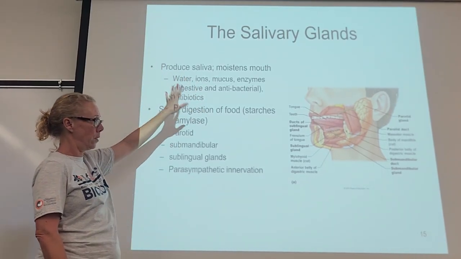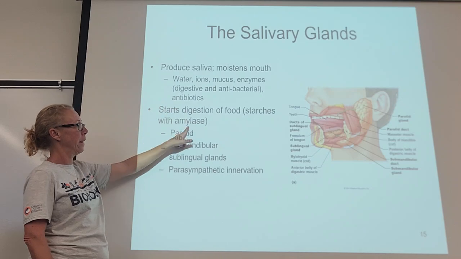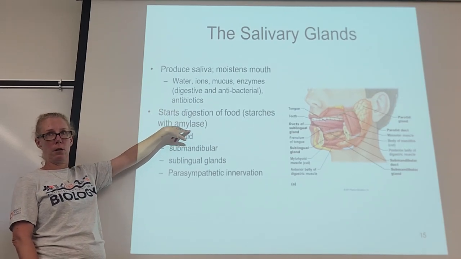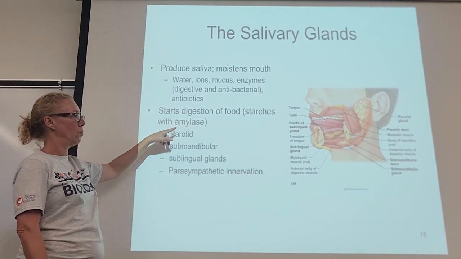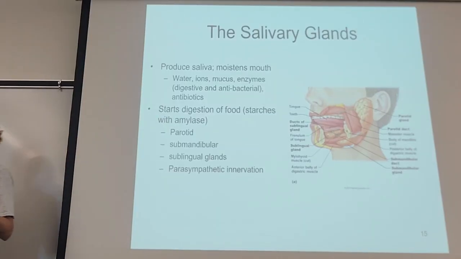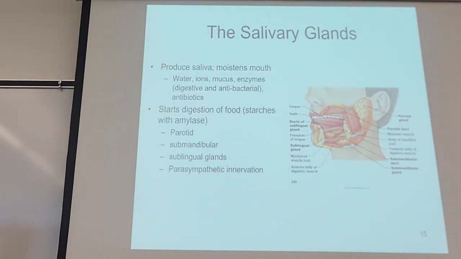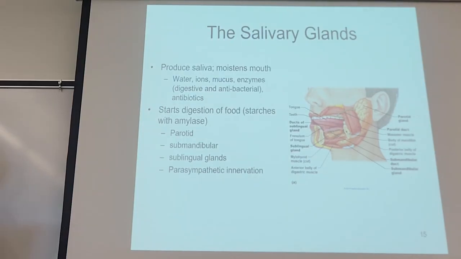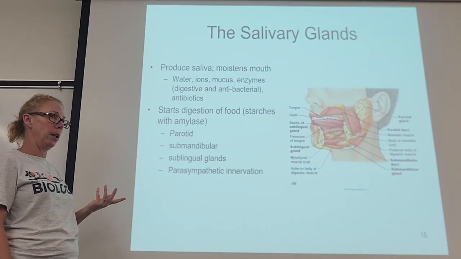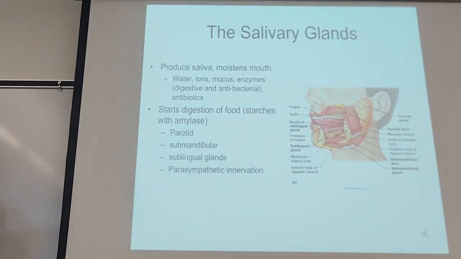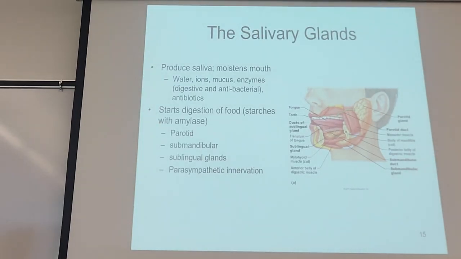It has a specific digestive enzyme that's called amylase. We typically call it salivary amylase because you find it in the mouth as a derivative of your saliva. So it's a digestive enzyme called amylase, and it starts to digest starches.